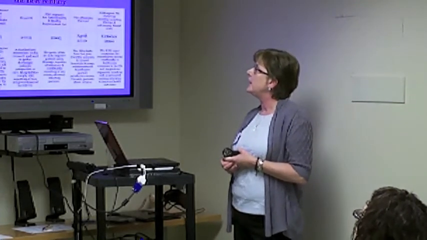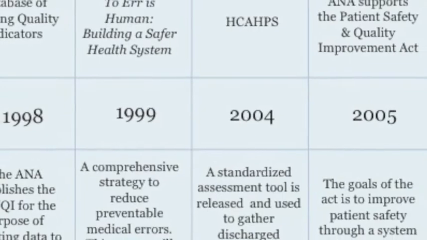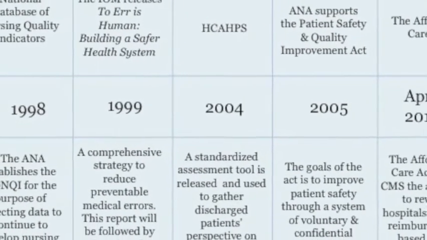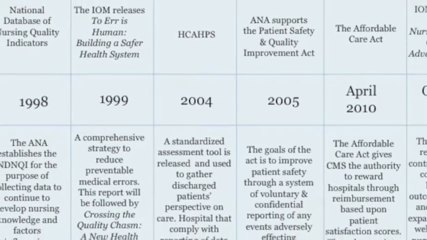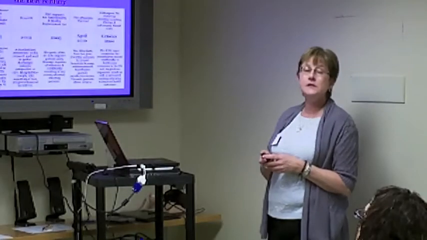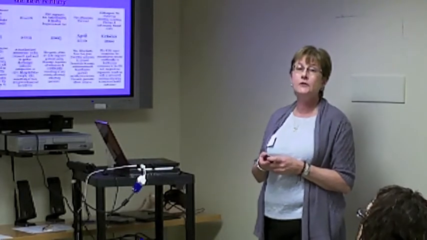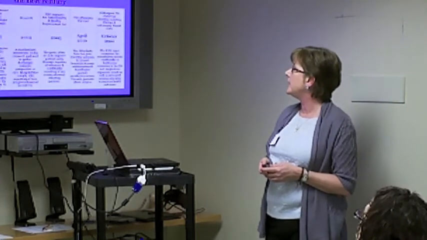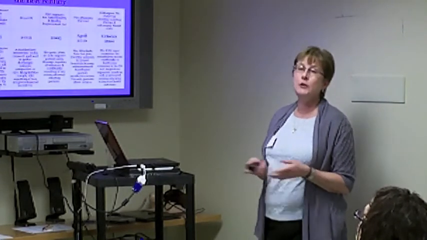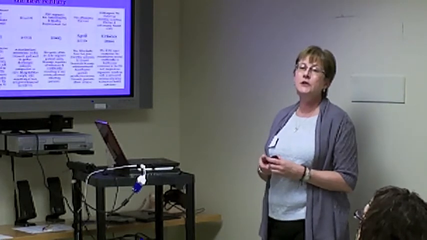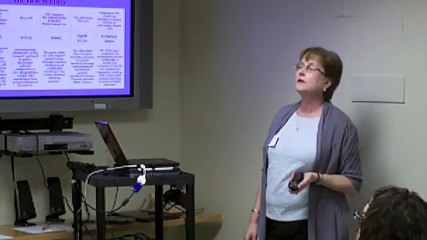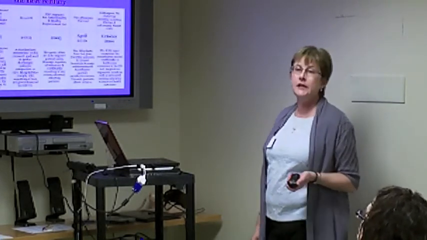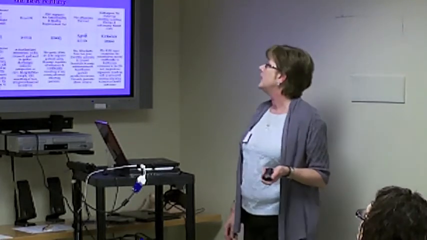And by '99, you had the IOM releasing several reports. To Err Is Human: Building a Safer Health System was the first one that pointed out the tremendous number of mistakes that were being committed in healthcare each and every day across the country, and what that was costing us in, not only increasing morbidity, but also mortality and financial constraints.